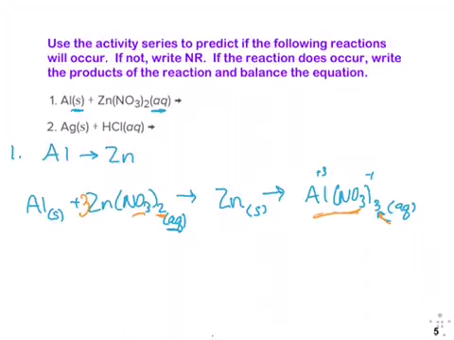And on the product side, to get a 6 on the nitrate, we need to put a 2 out front. That messes with both zinc and aluminum. So to fix the aluminum, we throw a 2 out front, and the zinc will get a 3. Does that make sense? Okay. So then, looking at number 2, will number 2 take place or not?